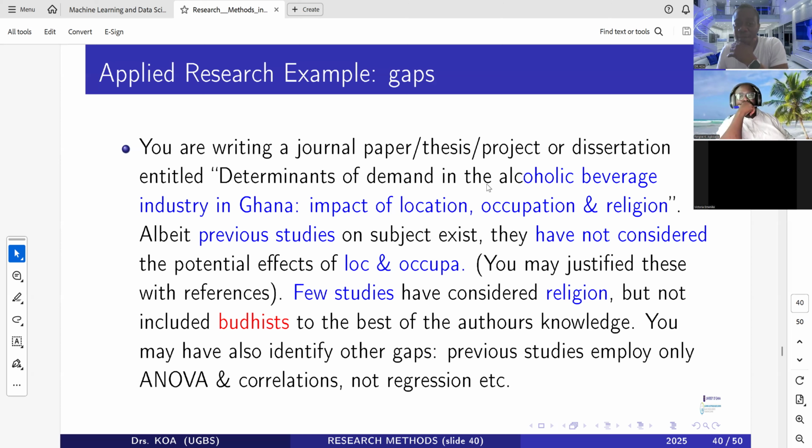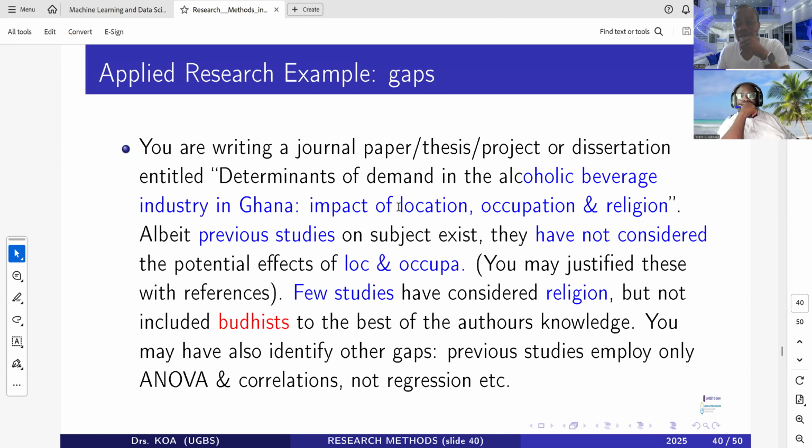Okay. Now, normally, you would have indicated in your gaps, in your thesis introduction, that even though previous studies on the subject have looked at several things like this and that, nobody has considered the potential effect of location and occupation.